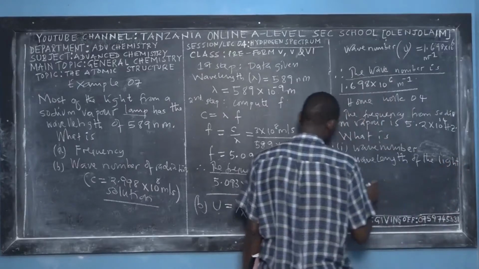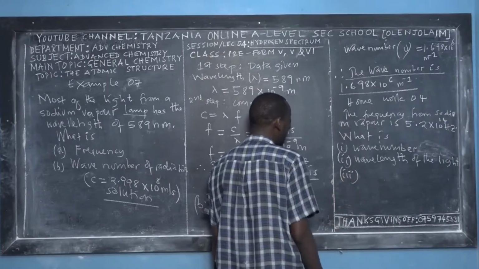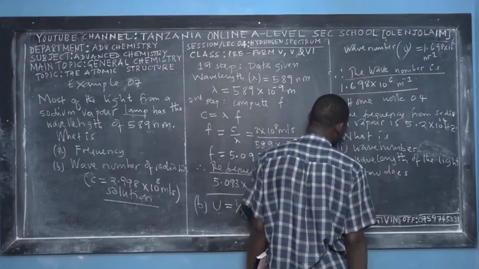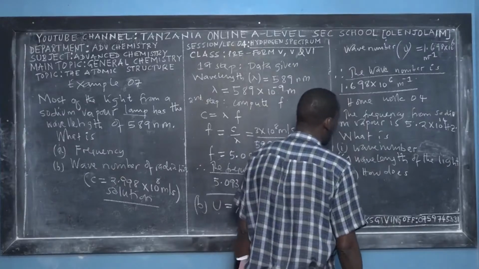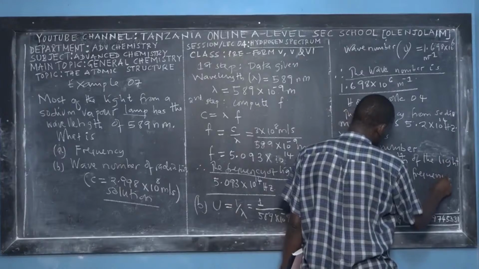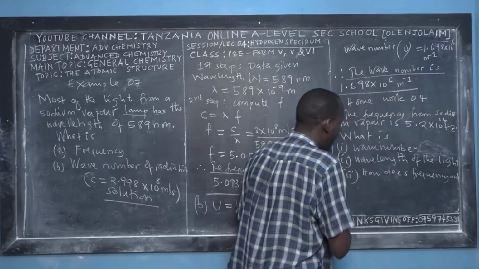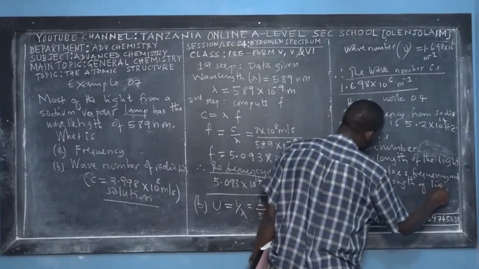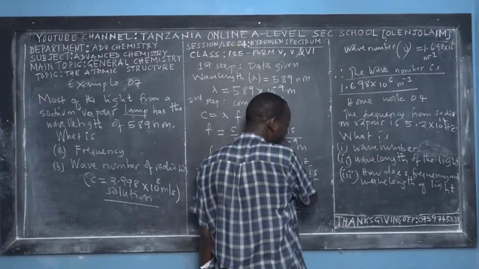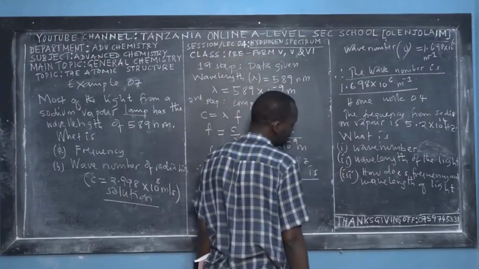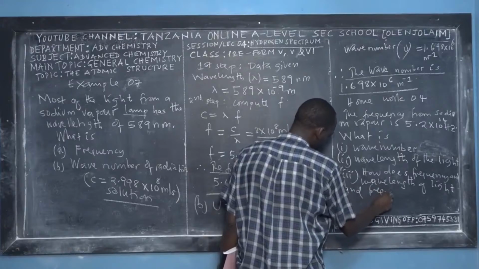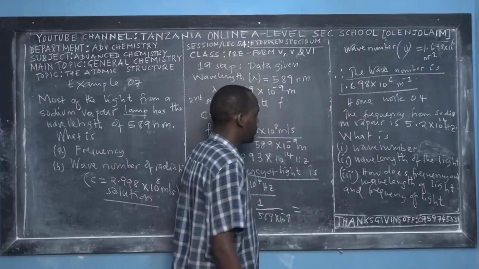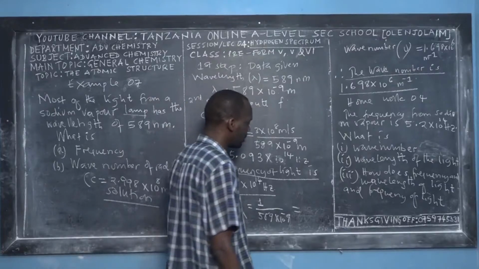Again, we have to explain briefly about the theory, and the explanation that you have to present is: how does the frequency and wavelength of light relate?